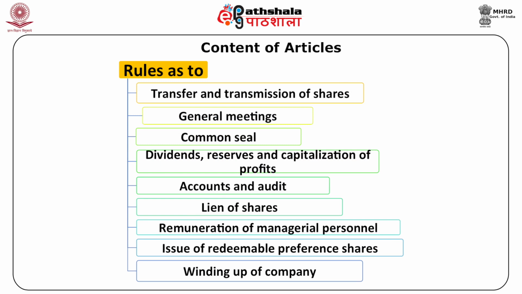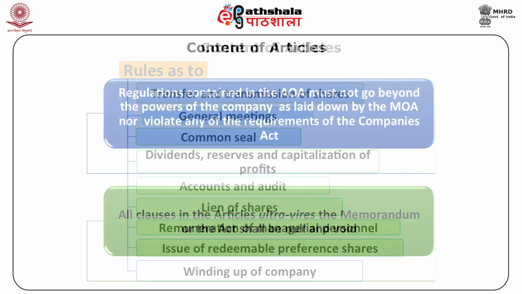It also deals with the rules that pertain to transfer and transmission of shares, general meetings, common seal of the company, dividend, reserves and capitalization of profits, accounts and audit, lien on shares, remuneration of managerial personnel, issue of redeemable preference shares, and winding up of the company.